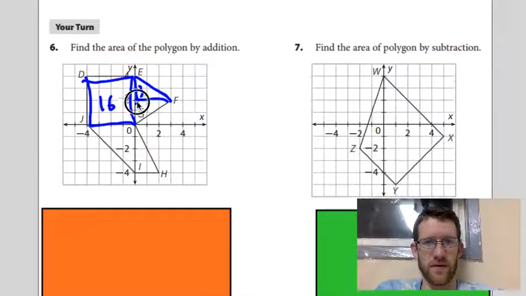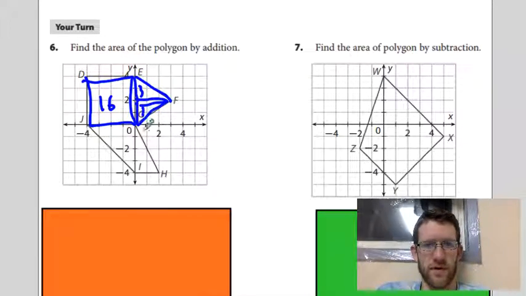This has an area of 3. This one here has an area of 1/2 times 2 times 4, so that has an area of 4. And this has an area of 1/2 of 4 times 4, so that's 8.